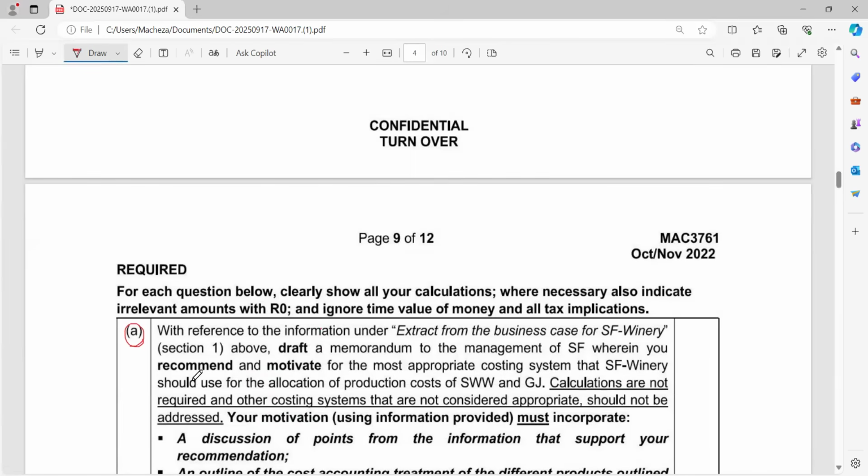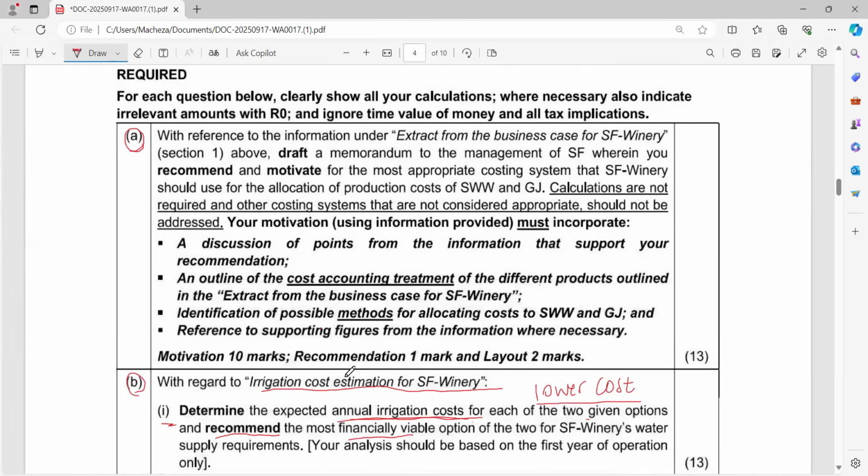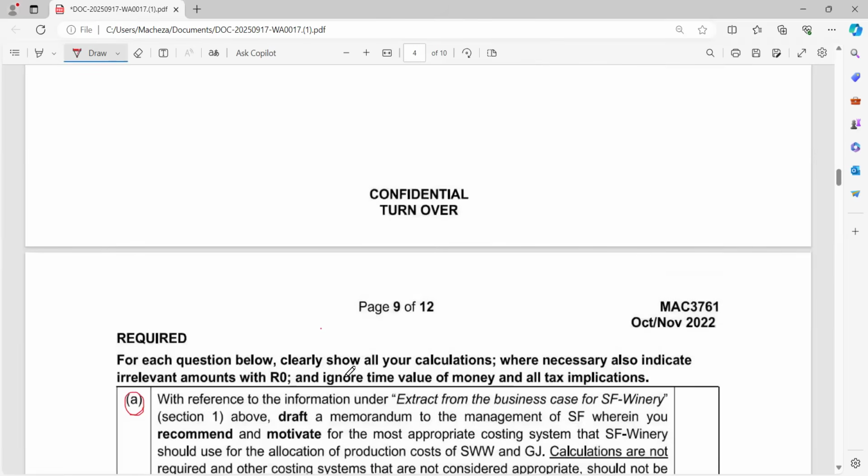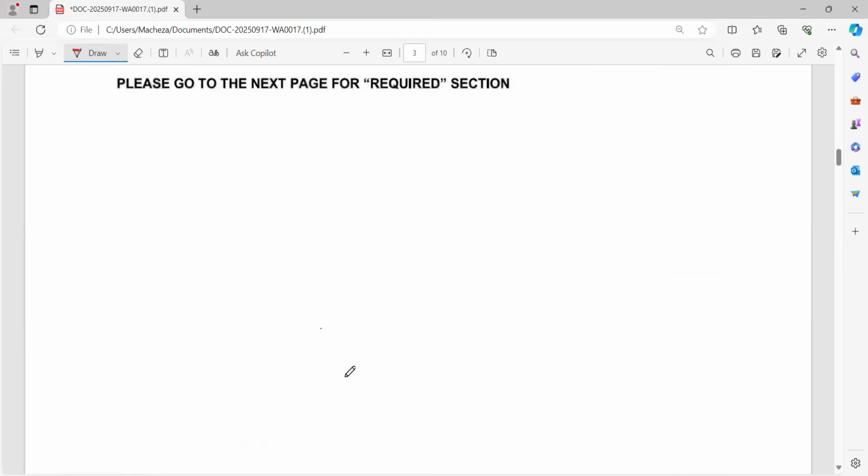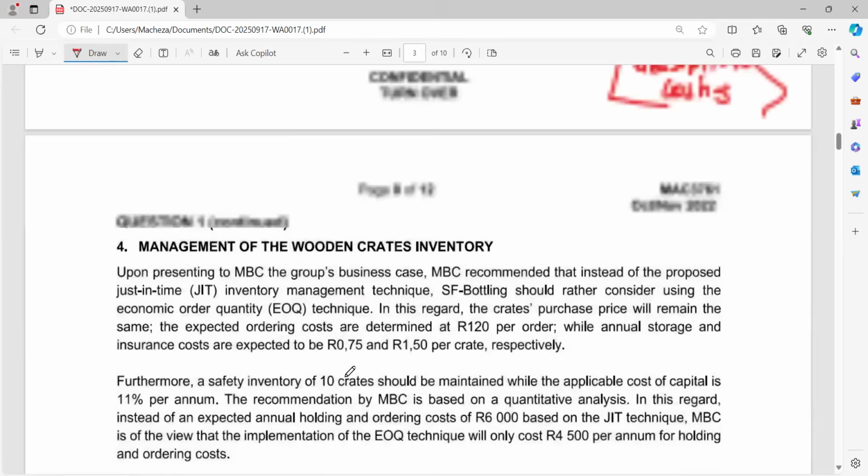You no longer see topics like contingent assets, contingent liabilities, International Financial Reporting Standard 10. They moved them to second year. I think they want to reduce the pressure for third year. But can we trust UNISA? They can come with anything at any time.